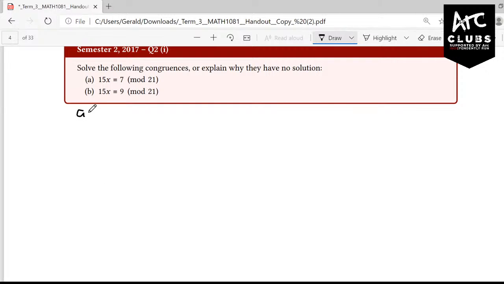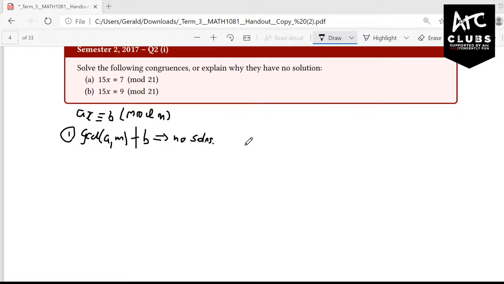Suppose that we have a congruence relation AX is congruent to B mod M. This will only have solutions if the greatest common divisor of A and M divides B. So if it doesn't divide B, your first scenario is if the greatest common divisor between A and M does not divide B, we say that this has no solutions.